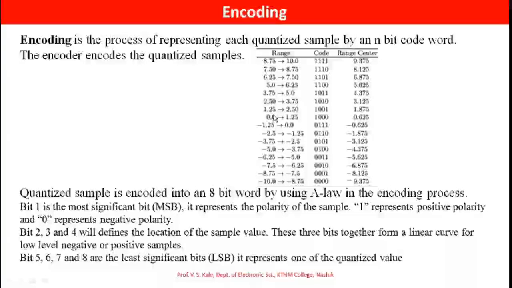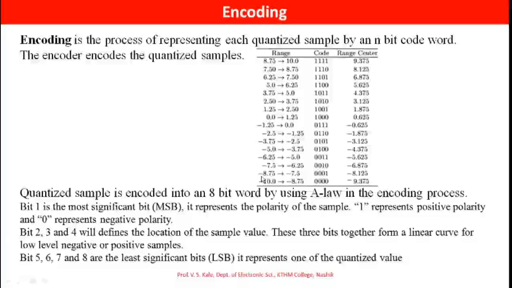Now, to represent these 16 quantized levels, that is L equal to 16, the number of bits required is 4. If voltage level is minus 10 volt to minus 8.75, the binary code is 0000.